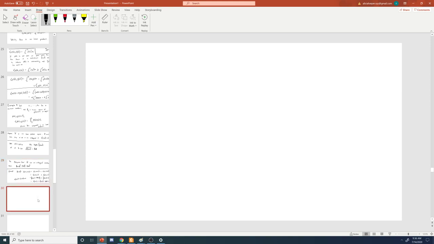Now, let's do one example to finish up for today. So here's what I want to observe. We're going to look at the vector space C. This is going to be functions from negative pi to pi.